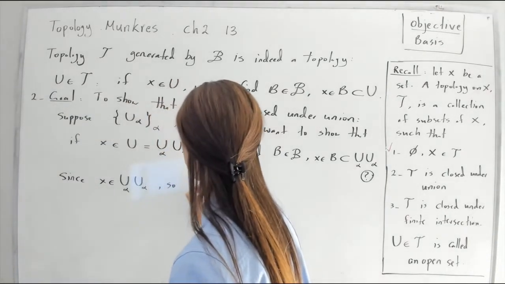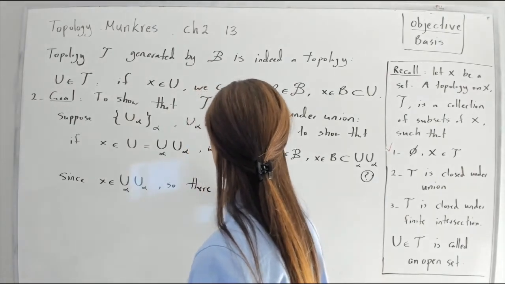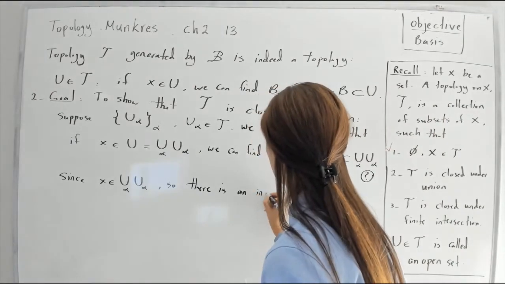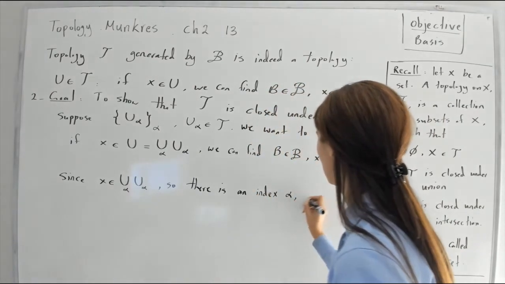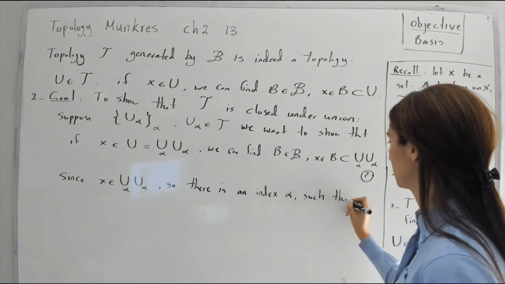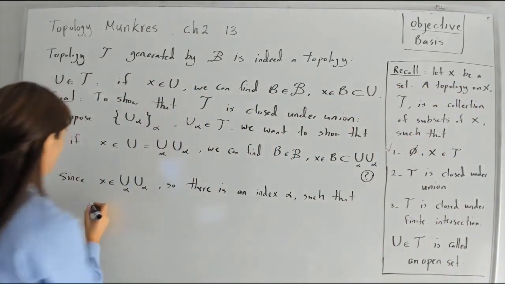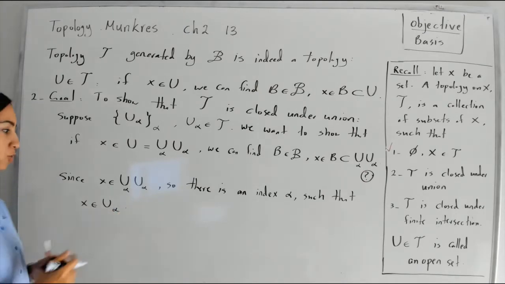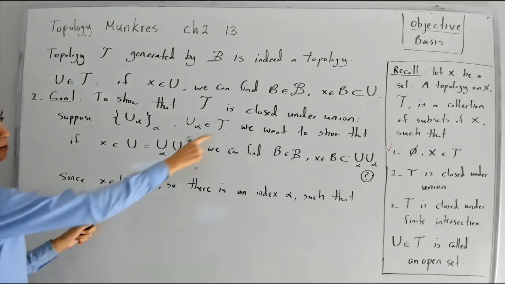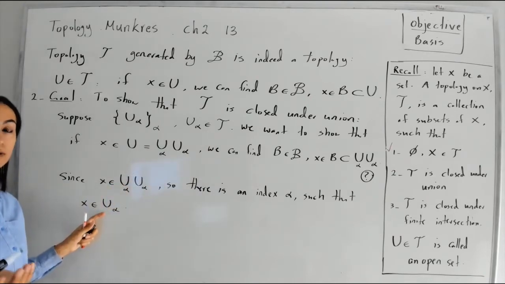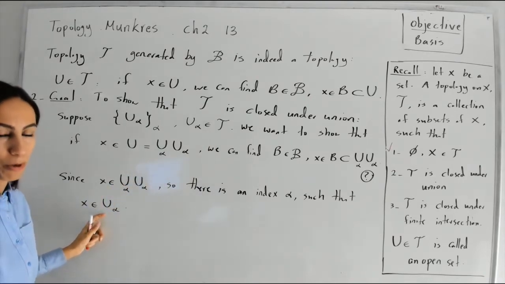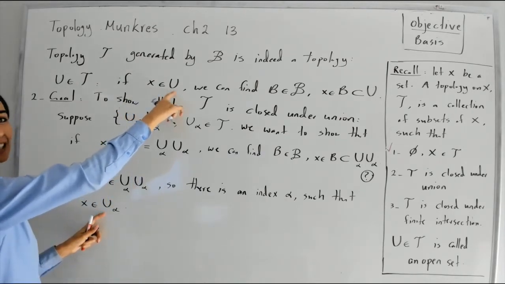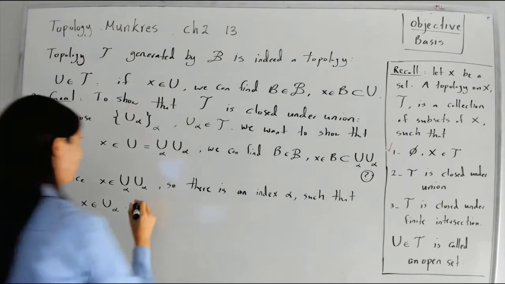So there is an index alpha such that X belongs to U sub alpha. Recall that U sub alpha belongs to the topology. We already know that U sub alpha is an open set.